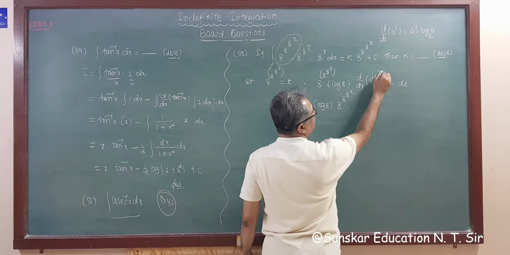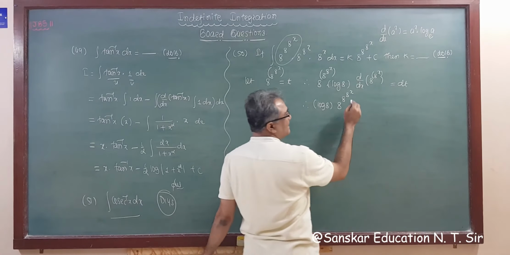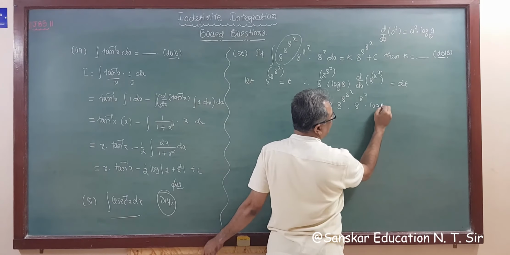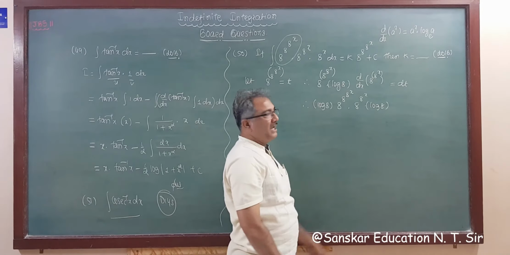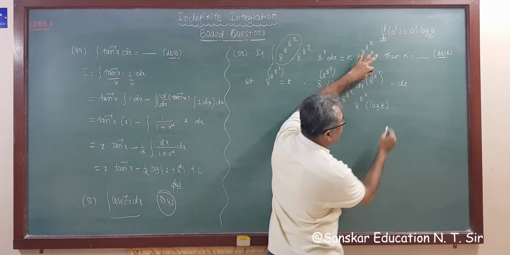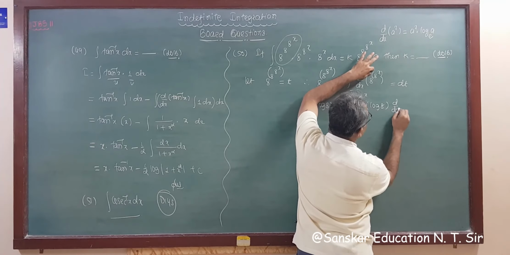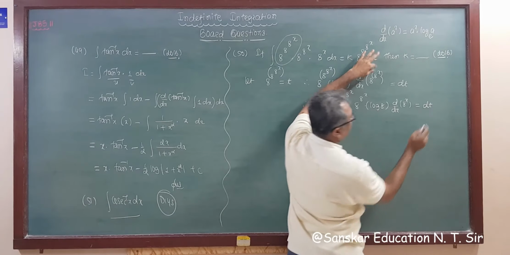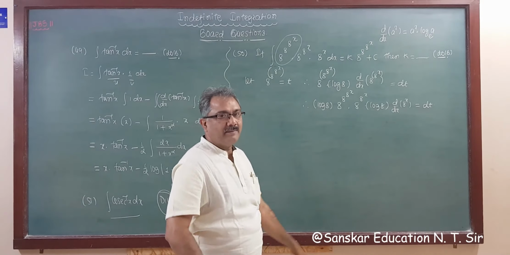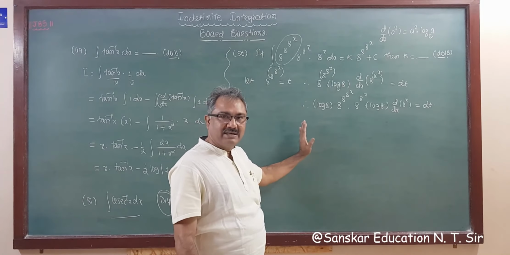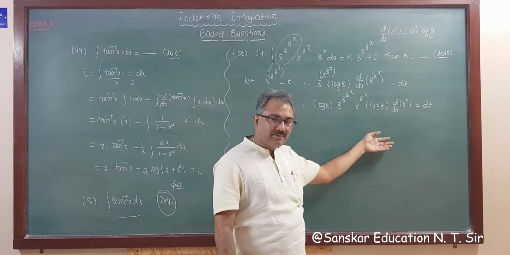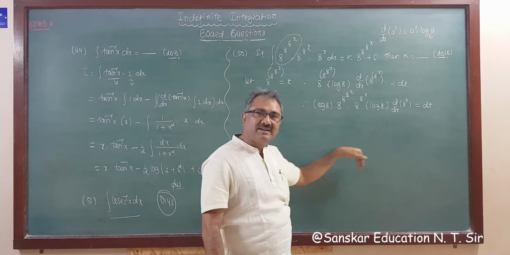Now again the derivative of 8 raised to bracket is 8 raised to x into log 8, and the derivative of the bracket is 8 raised to x, so d/dx of this is again equal to dt. Got it? I am writing the steps so that you know, otherwise the derivative is done in one step by the chain rule, which you know, but I am writing the chain rule one step at a time.